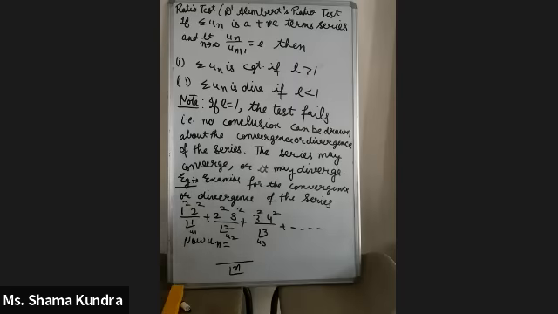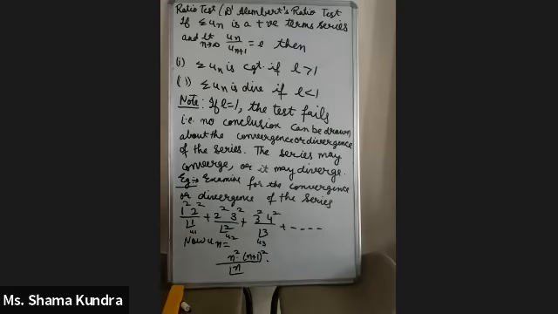For the numerator, in u1 we have 1 square and next is the consecutive term, 1 plus 1, 2 square. For u2 we have 2 square and next its consecutive term 2 plus 1 equals 3 square. For u3 we have 3 square and next its consecutive term 3 plus 1 equals 4 square. So for un we have n square into its consecutive term n plus 1 square. This is our un.